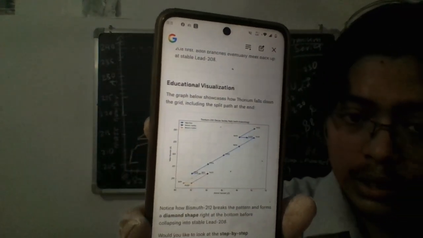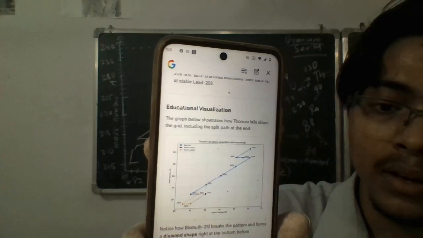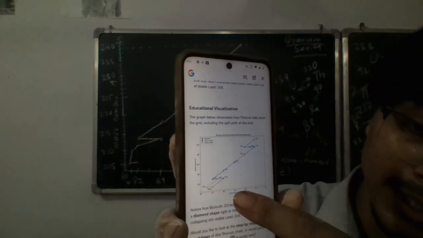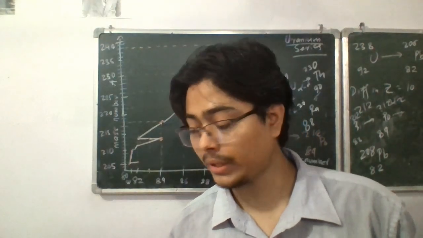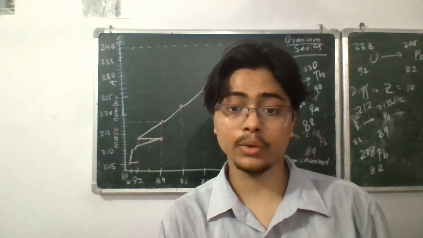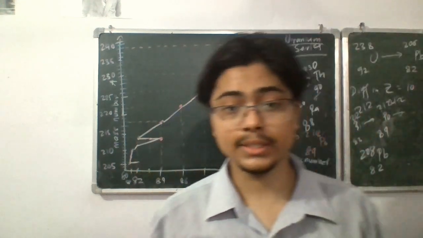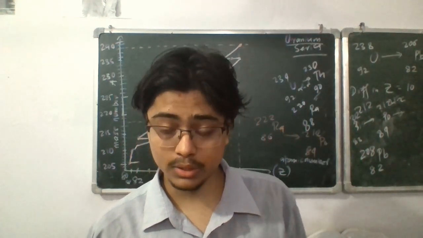So even though we can understand how much of the alpha decays has been happening on the basis of this graph, we can see a little deformities from the previous one of uranium series that we have seen. So this is about uranium series and other series, and this is about how you can visualize series. I think I was able to make you understand this.